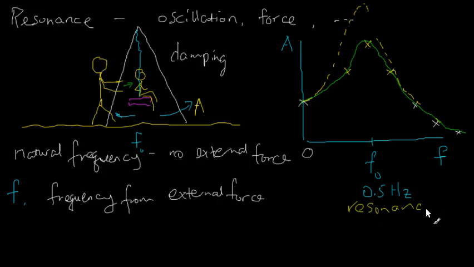That's one of the terms that we would learn. The resonance frequency is the frequency at which the amplitude is largest. So the graph would look sharper if there is less damping.